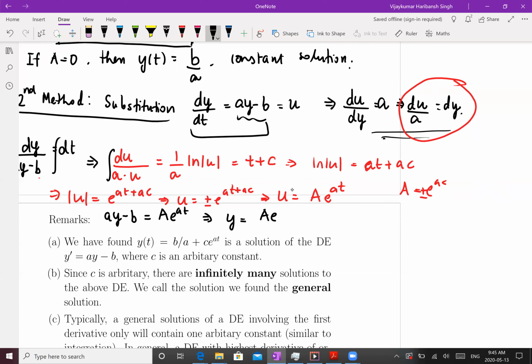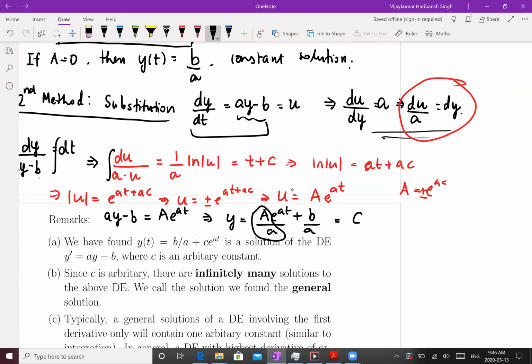And then this implies y equals, bring this on the other side. So A e to the power at divided by a, plus b divided by a on both sides. And then I can absorb this and call it a new constant, right? The idea is, because A is an arbitrary constant, I can call it a new constant.